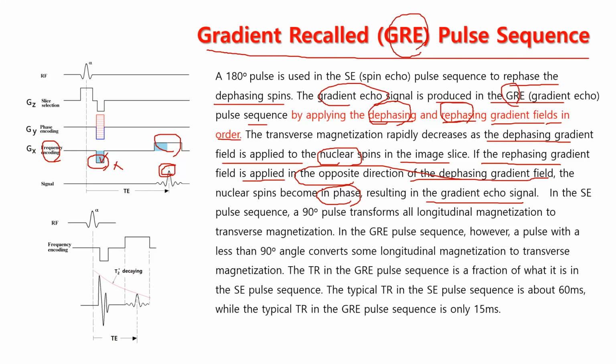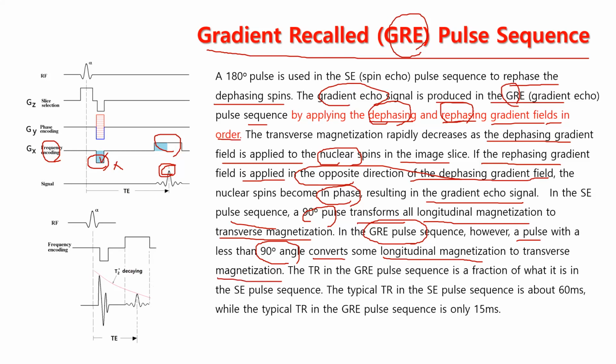In the spin echo pulse sequence, a 90-degree pulse transforms all longitudinal magnetization to transverse magnetization. However, in the GRE pulse sequence, a pulse with a less than 90-degree pulse angle converts some longitudinal magnetization to transverse magnetization.